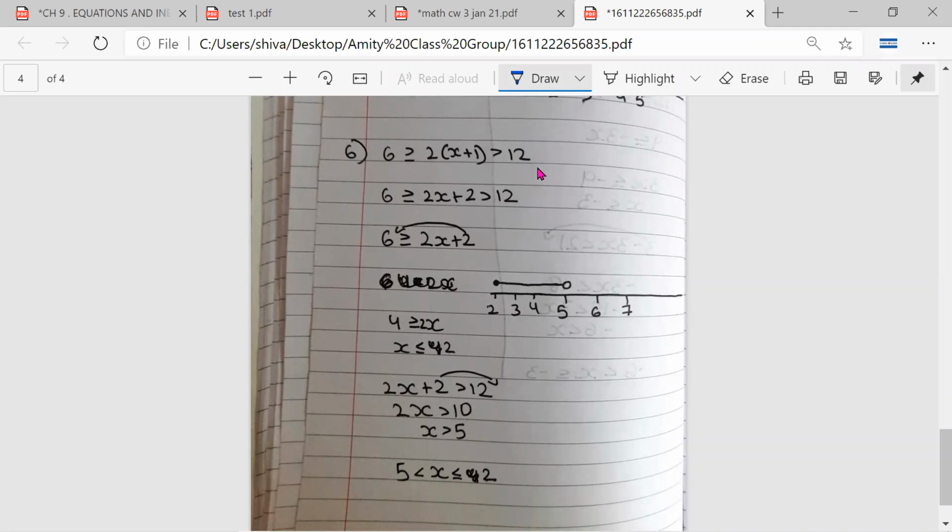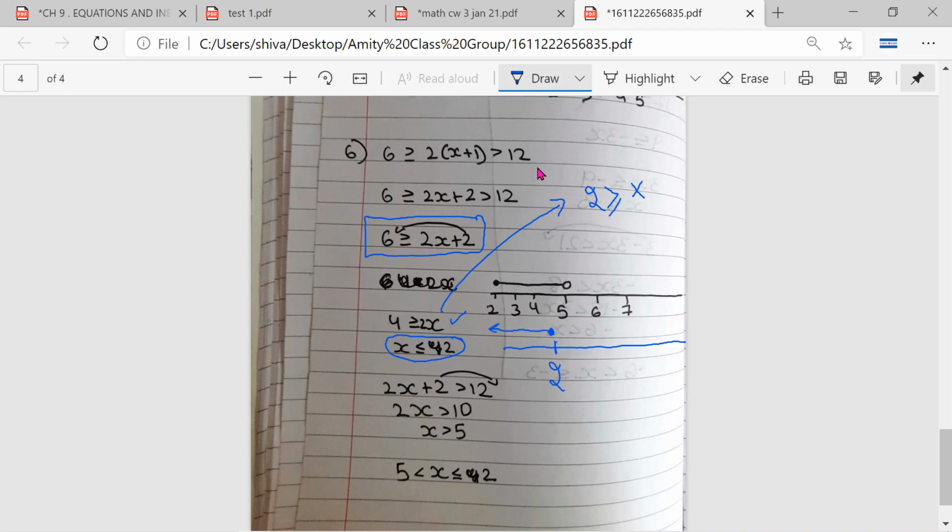One part says that 2x plus 2 is less than or equal to 6. Therefore, 2x is less than or equal to 4 and x is less than or equal to 2. Therefore, your solution is x is less than or equal to 2, which implies that my x will be towards this side.